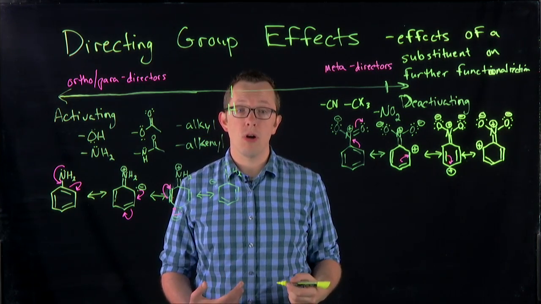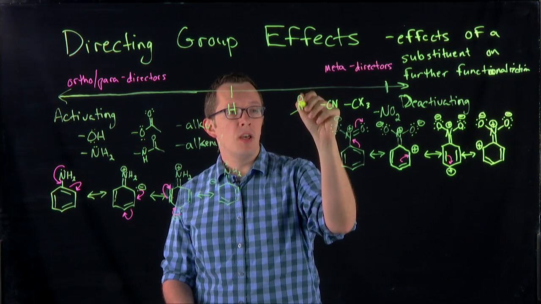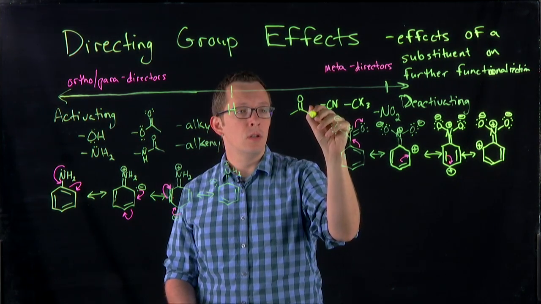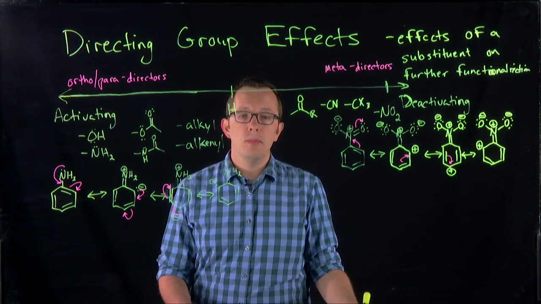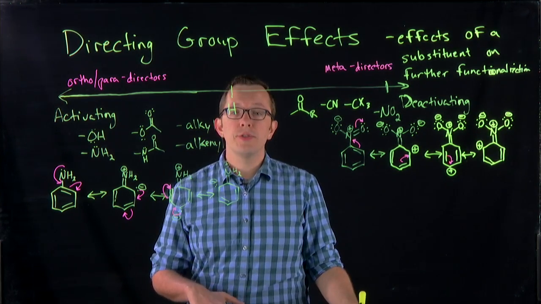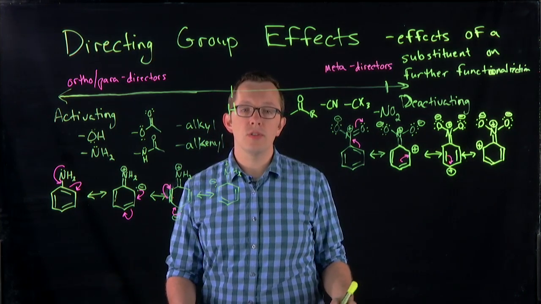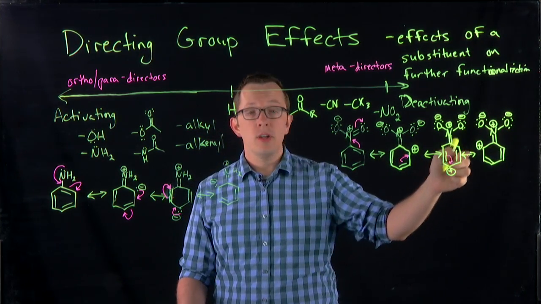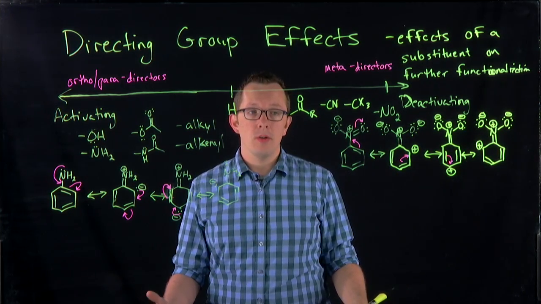They are electron withdrawing by resonance. We also have many carbonyl derivatives. So anytime you put a carbonyl adjacent to the benzene ring, we are going to reduce the electron density by resonance. So again, we're going to be able to draw out all these resonance structures where we have partial positive going around the benzene ring at ortho and para positions.